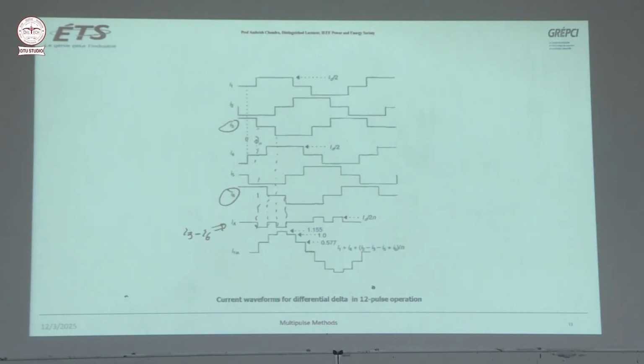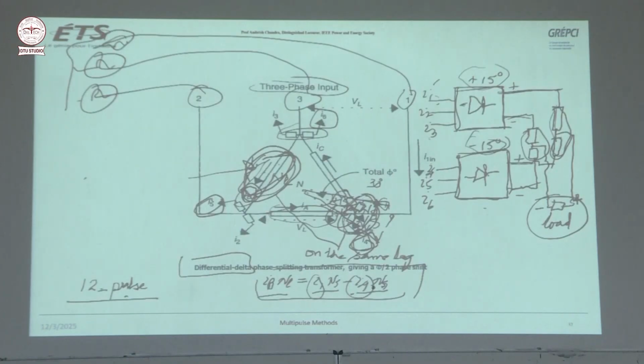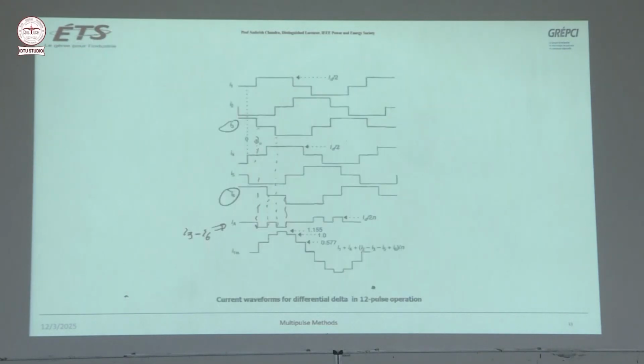So if you see, this is what we were saying, that for example, I6, where is I6? I6 minus I3 should be proportional to IA, right? Because this and this, they are on the same leg.